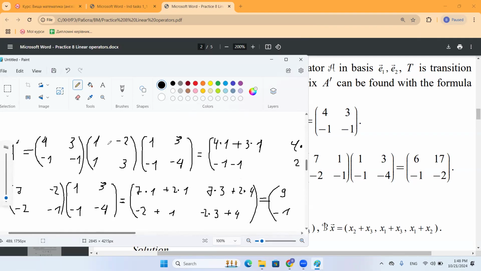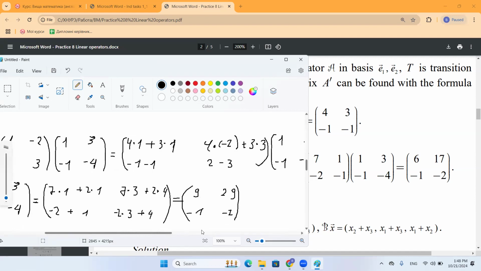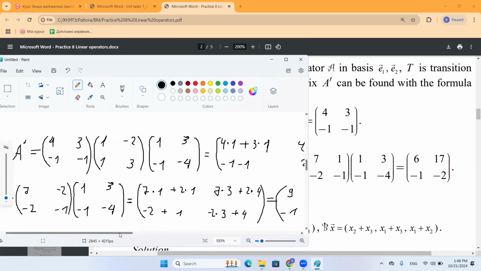And then 4 by -2, 3 by 3. So what we actually have? So here 1 must be, and nobody told me that I was calculating wrong. So -2, -1. So these cells are correct. And then, of course, we need to recalculate.